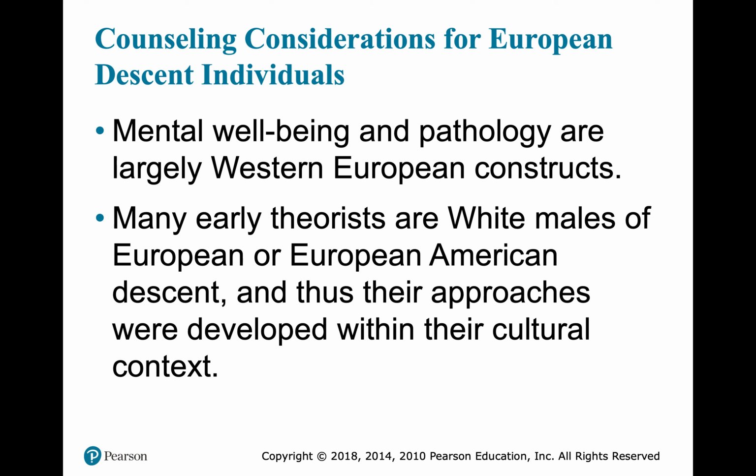So evidence for this can be seen in the individual focus of many early therapy styles, this focus on individual responsibility, the use of the medical model to describe diagnoses, among others. So you can see a lot of that influence there. Disruption of autonomous functioning is a major consideration for diagnosis of just about every mental health disorder within the DSM. So you can see that influence there as well.